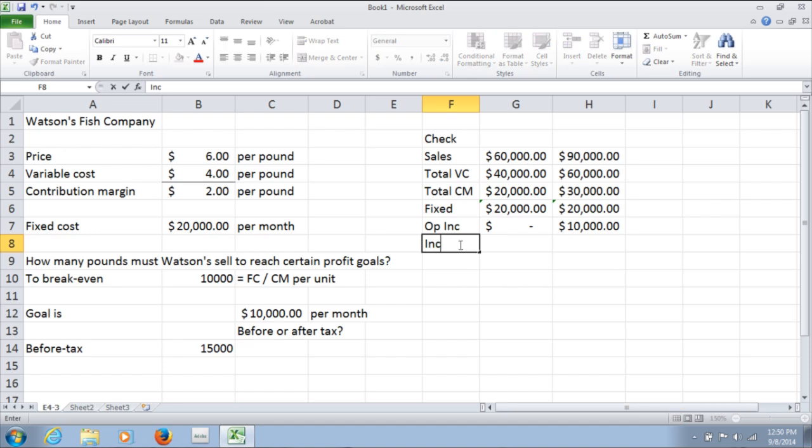However, if we move farther down the income statement over here, we're going to have to take income taxes on this.